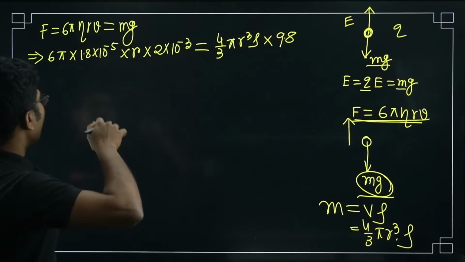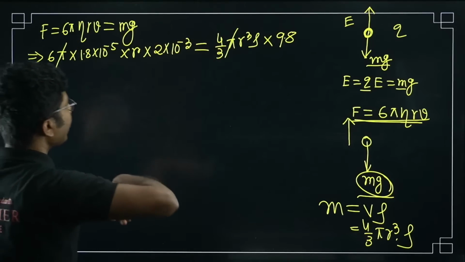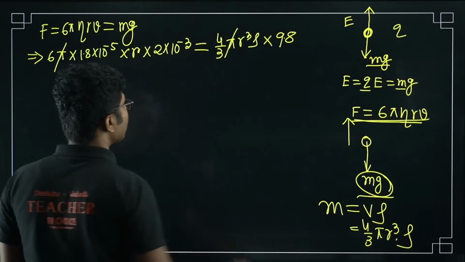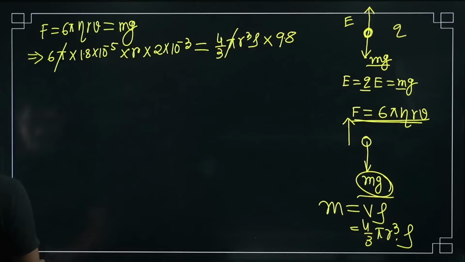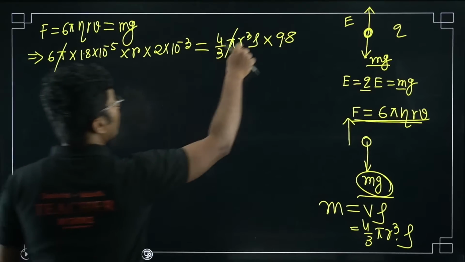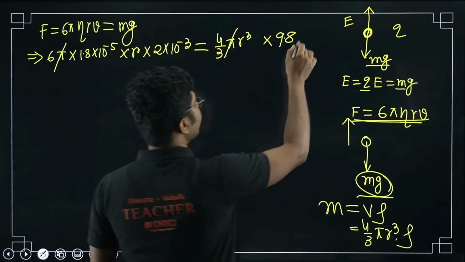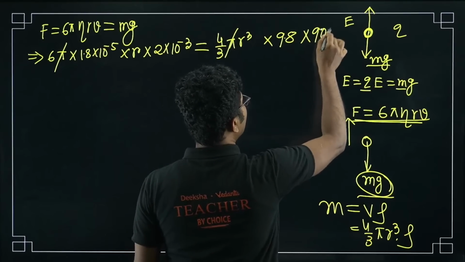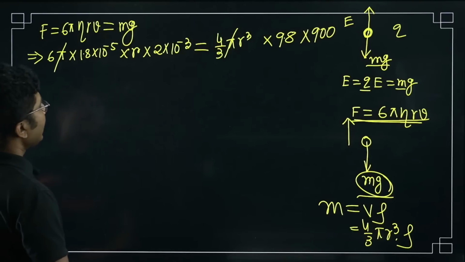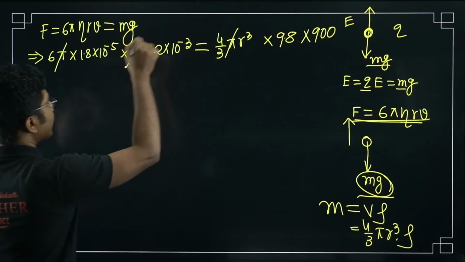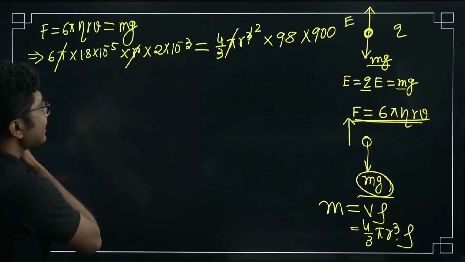Now pi cancels. Also the rho value is given, 900, so we will use that as well, and we will try to cancel as much as possible. We will try to find the value of r, which is important.